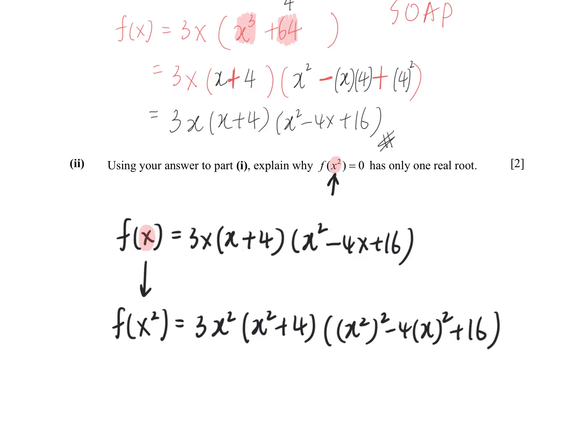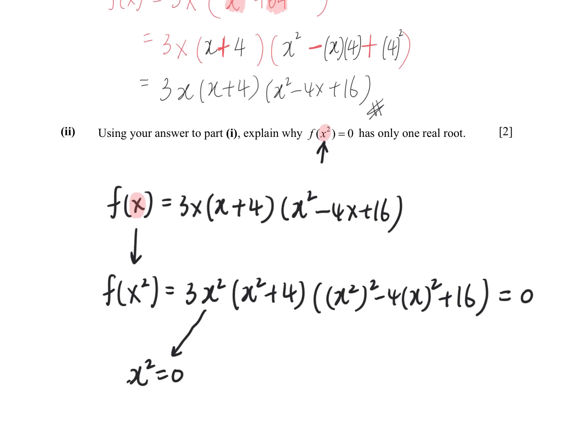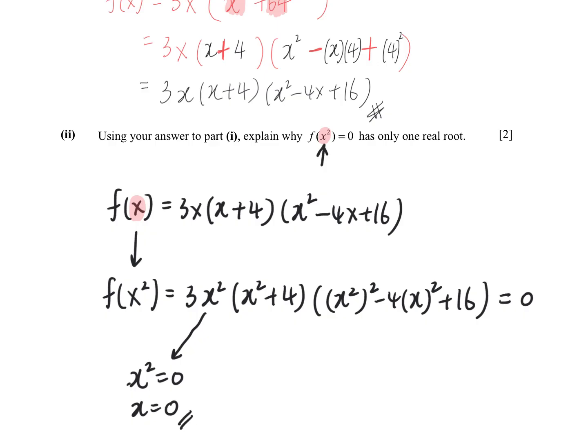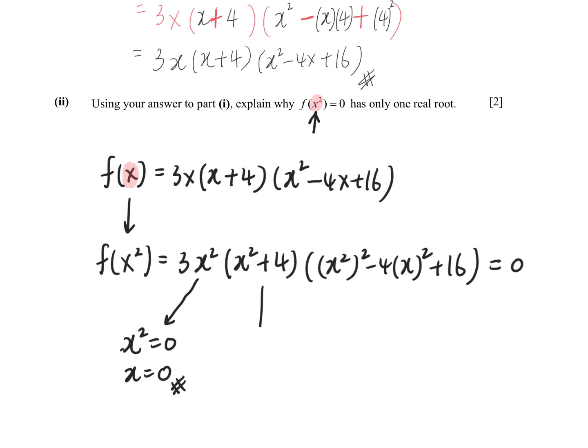Then show that when you equate this to 0, you only have one solution. The first solution is x squared equals 0, so x is 0. You suspect that this is the only solution that you have. Here, x squared plus 4 is 0. A square number cannot be negative, so this one has no real roots.